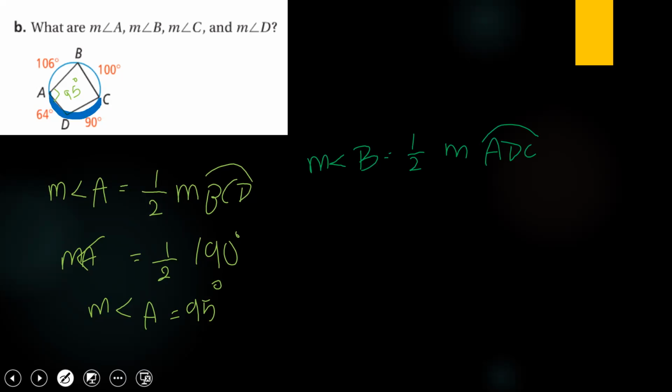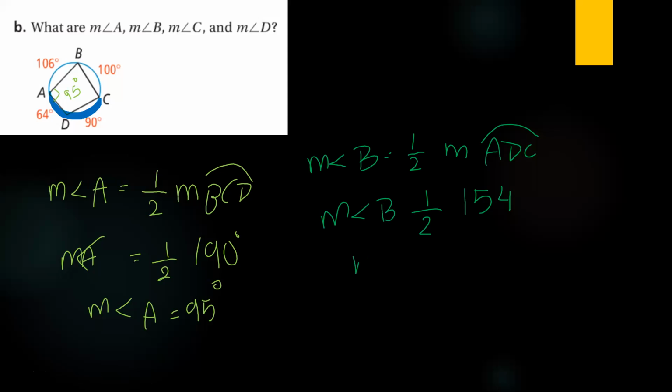Its intercepted arc is ADC. What is the measure of ADC? 54 plus 90 plus 60, which is 154. Half of it is the measure of angle B, which is 77 degrees.